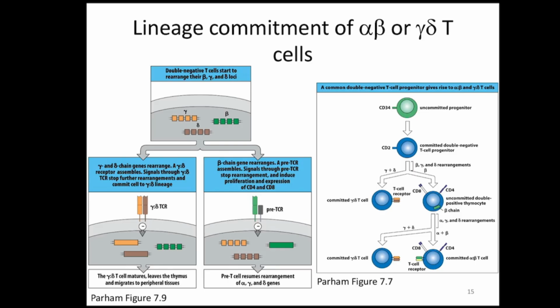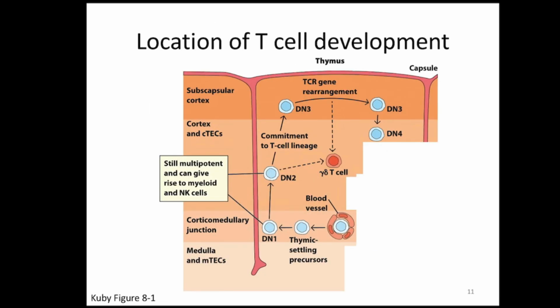If you look at this image, you can also see that the cell can still make that decision to go to be gamma delta a little bit later as well. So if I go back to this slide, you can see that some cells decide to be gamma deltas pretty early off, at DN2.